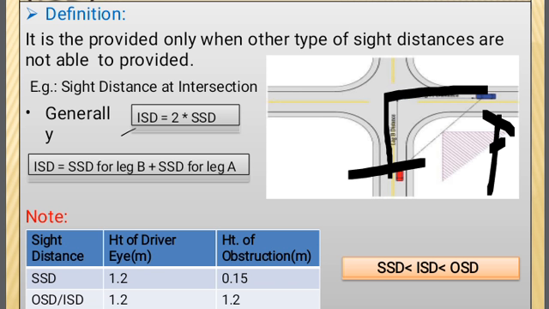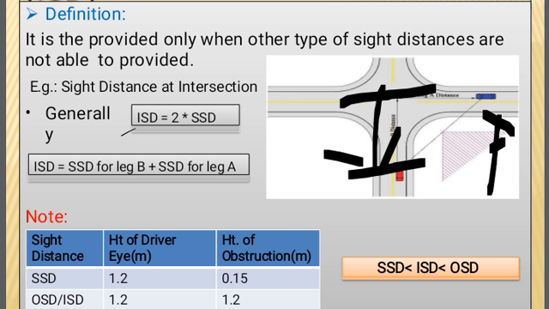I already told you the distance from the blue vehicle to the intersection is the stopping sight distance for the blue vehicle. For the red vehicle, the distance from the intersection to the red vehicle is the stopping sight distance for the red vehicle.